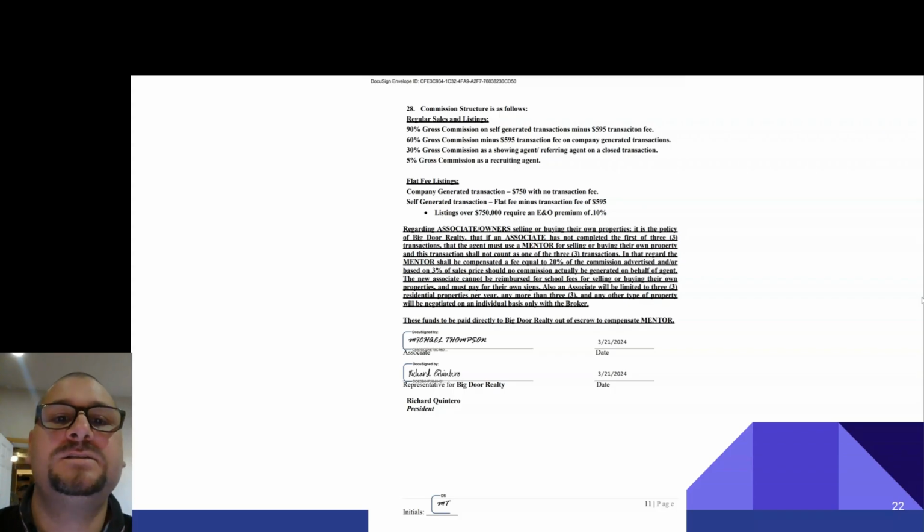Flat fee listings, company generated transactions. So we talked about regular sales and listings, and also about flat fee listings. Company generated transactions, $750 with no transaction fee. Self-generated transaction, a flat fee minus a transaction fee of $595. Listings over $750,000 require an E&O premium of 0.1%.